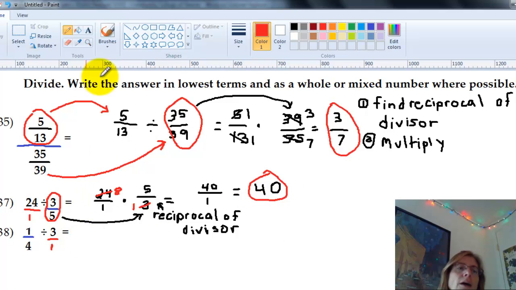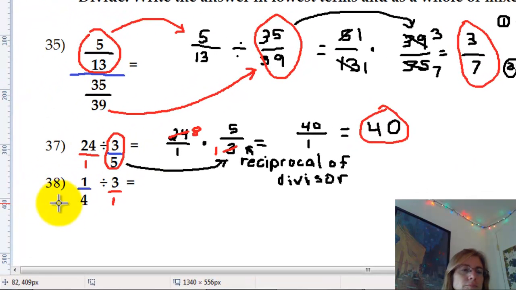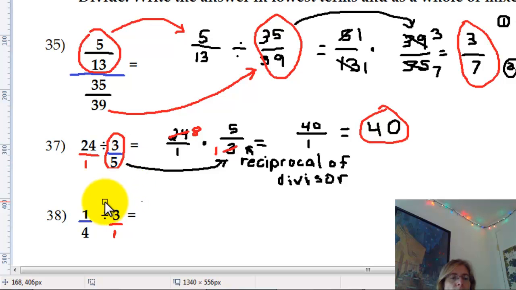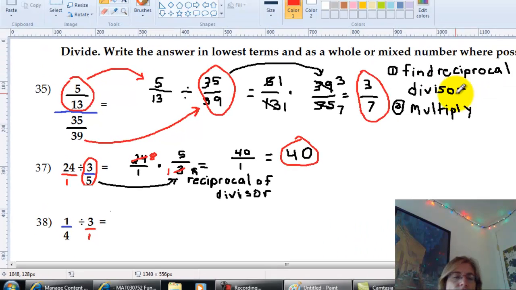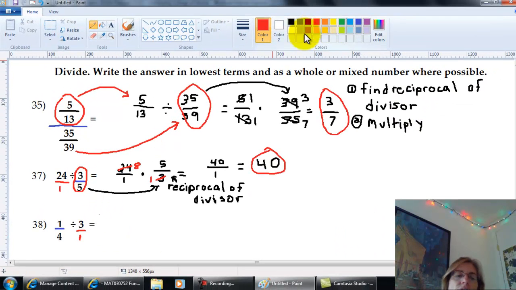Okay, and let's look at this problem here, which once again we took our whole number of 3 and we made it into a fraction by placing it over the number 1. And now we have to find the reciprocal of the divisor. And of course the divisor is to the right.